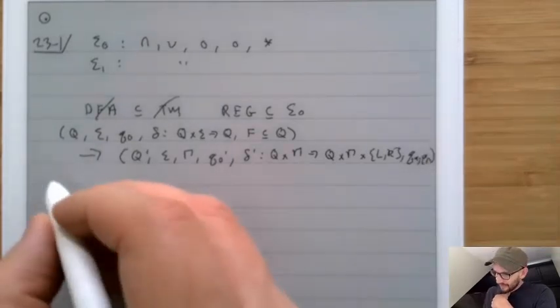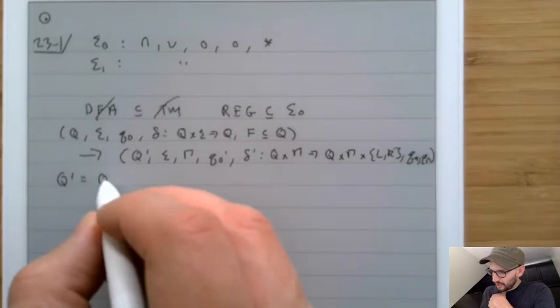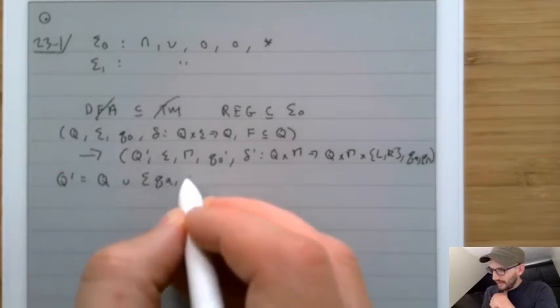How do we do this? Q prime is equal to Q unioned QA and QR.